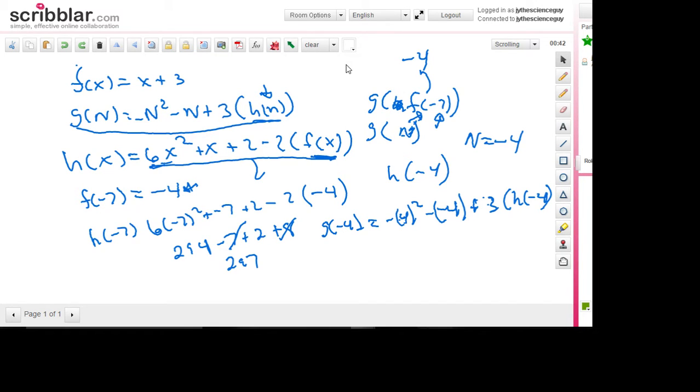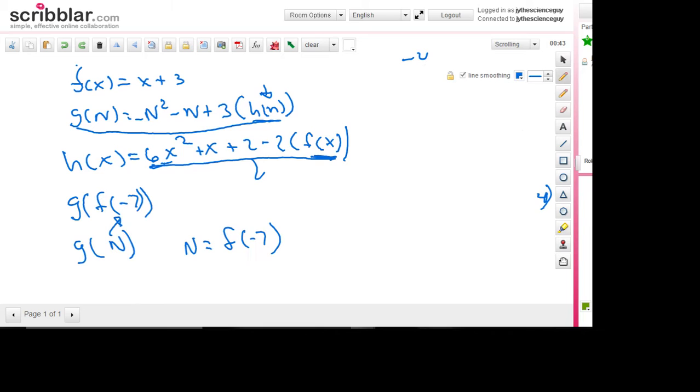Let's start with what they asked us. So this is g of f of negative 7. That's what they're actually asking us. I'm going to take the g and write it right underneath. So g of n is equal to, n is equal to f of negative 7, because those two things are the same thing. The first thing we need to do is find f of negative 7, which we found out was negative 4.